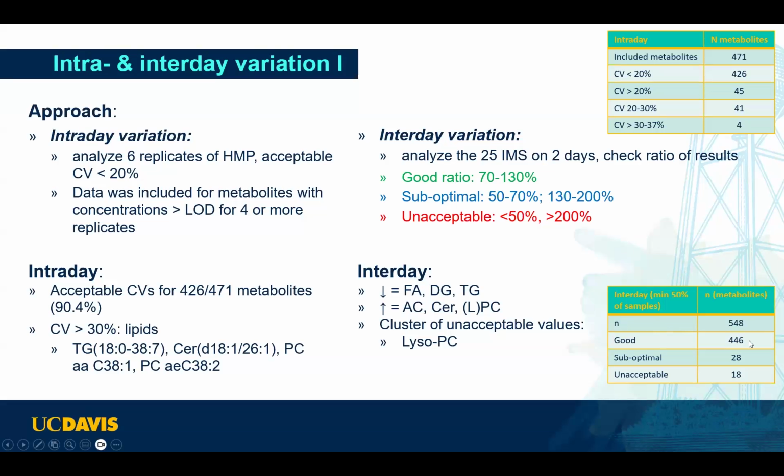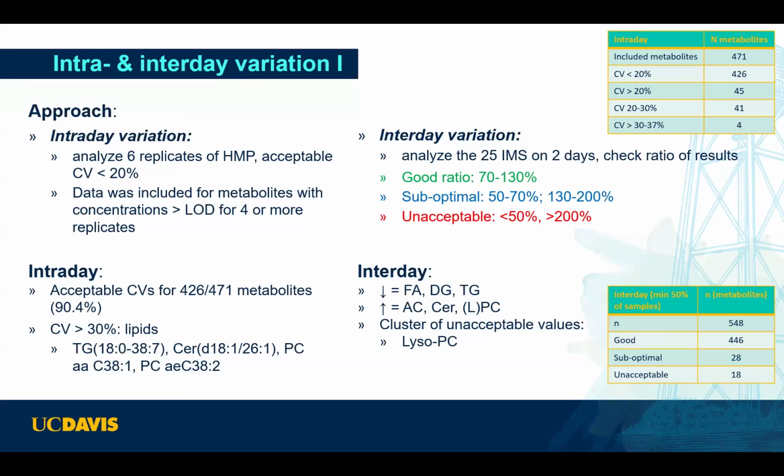As you can see, most of them were good, some are not so good, and some are really not great. If you look into metabolite classes to see if there's a trend, you can see there was a reduction in concentration for the fatty acids and the di- and triglycerides, and more of an increase for acylcarnitines, ceramides, and the lyso- or phospholipids.